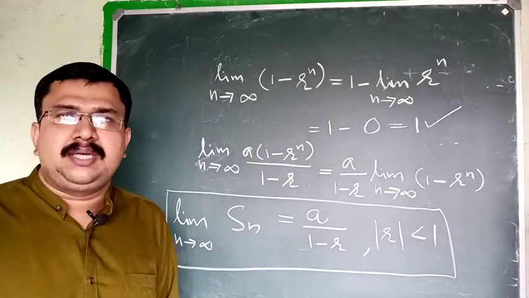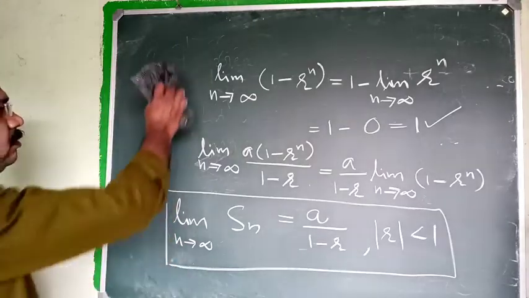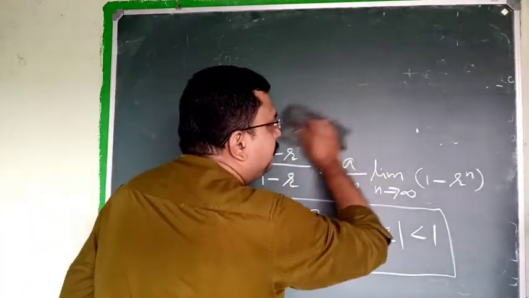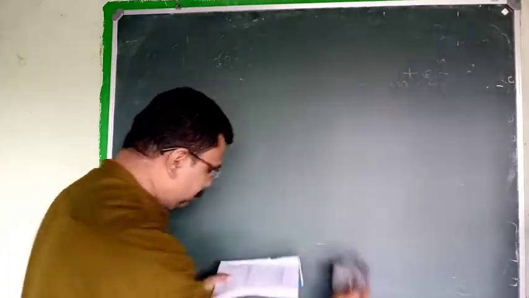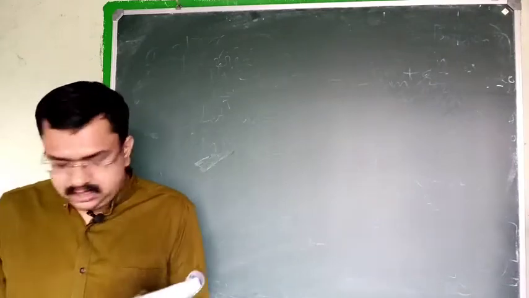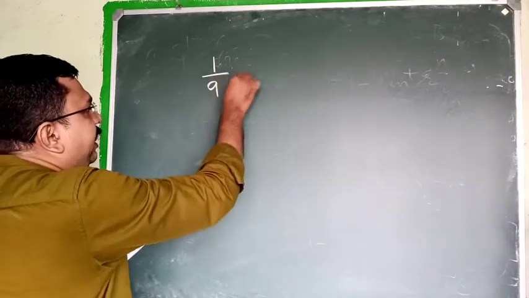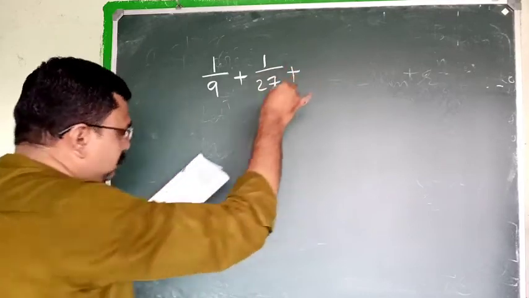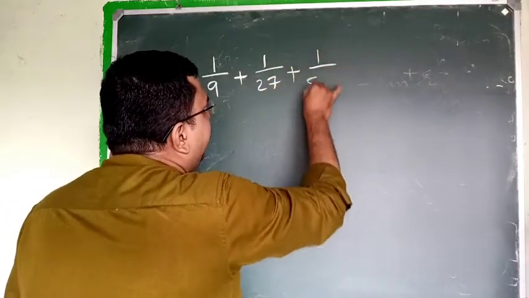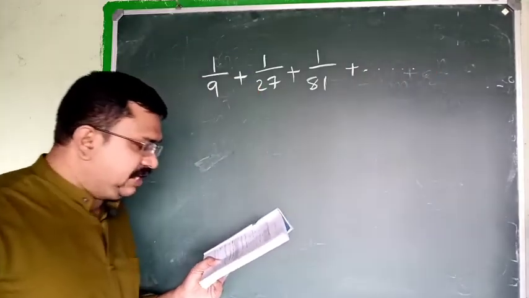Now we can do some problems based on this equation. My first question is, listen. Show that the series 1 by 9 plus 1 by 27 plus 1 by 81 plus etc. converges.